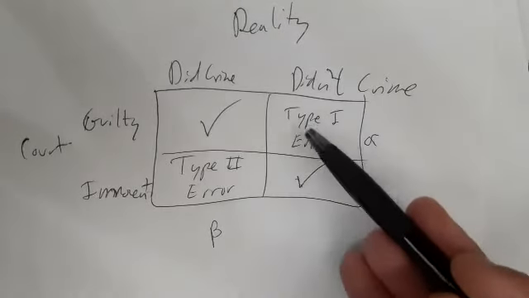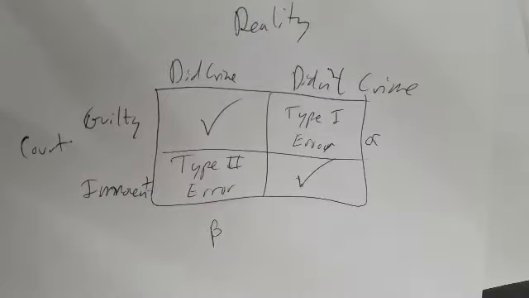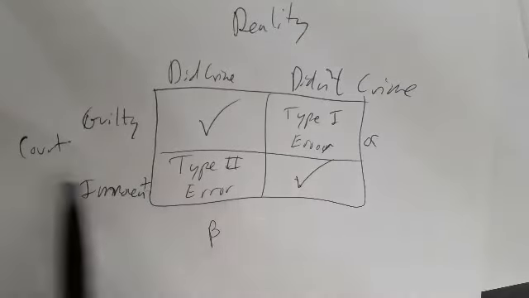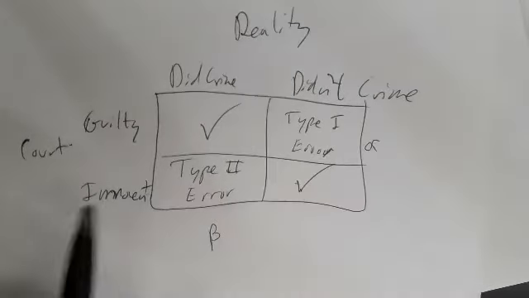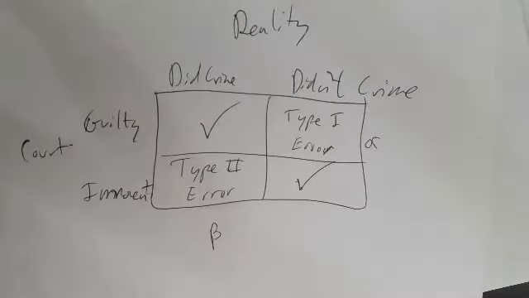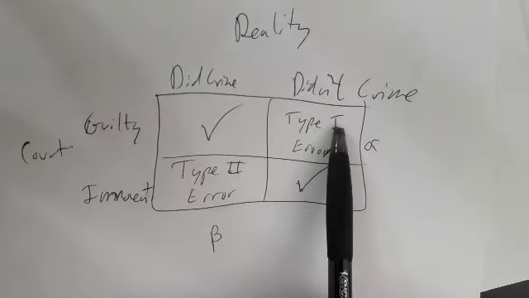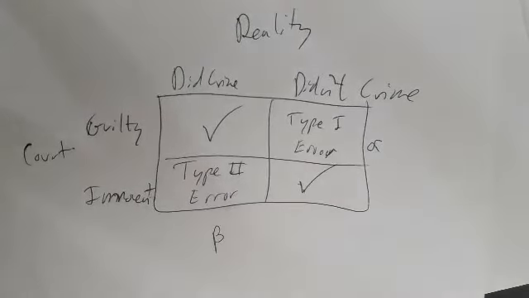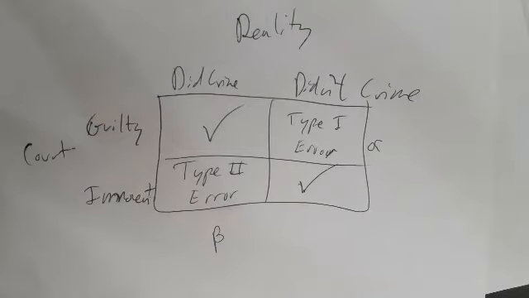The more of one we have, the less of the other we have, because this is the reality of the situation, but this is our decision. If a judge is just saying guilty, guilty, guilty all the time, he's going to have a lot of type 1 error, but his type 2 error will be really small. The other way around, if a judge is just letting people off, saying yeah, you can go, you can go, you can go.